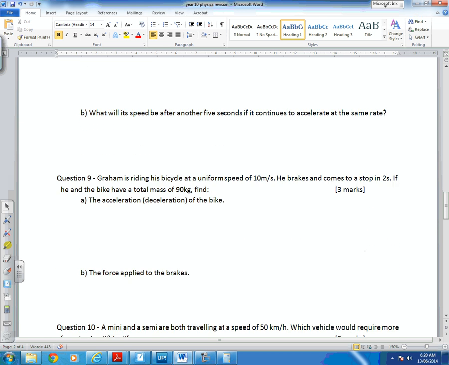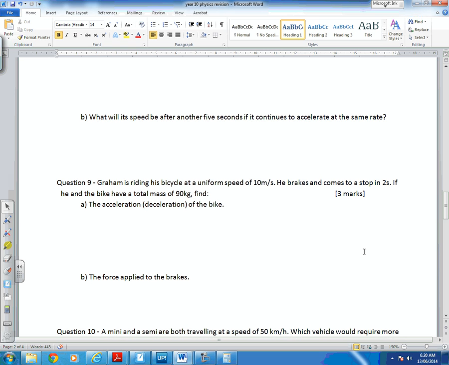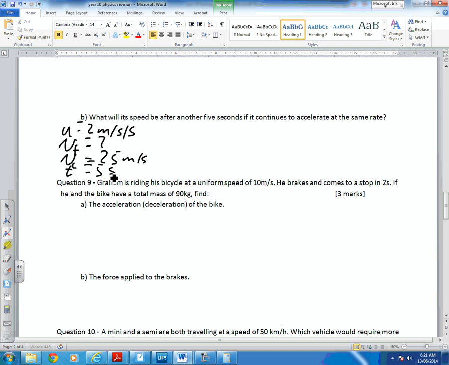So question part B, I can redo the facts as there. What will be the speed after another 5 seconds? Acceleration equals 2 metres per second per second. Final speed equals question mark. Initial speed equals 25 metres per second. And time equals 5 seconds. So I can rearrange by writing my formula here.